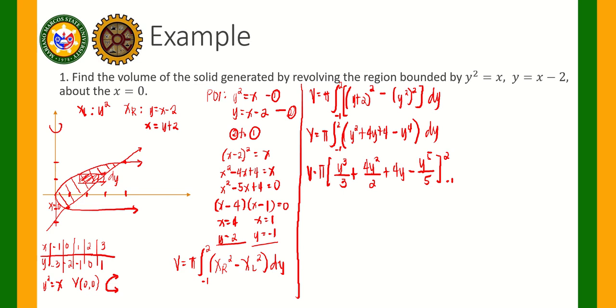Okay? So, apply natin si limits. So, for upper limit, we have V is equal to pi multiplied by upper limit natin 2 cubed over 3 plus 4. Okay, of course, this will be simplified. This will cancel. So, we will be left with 2y squared.